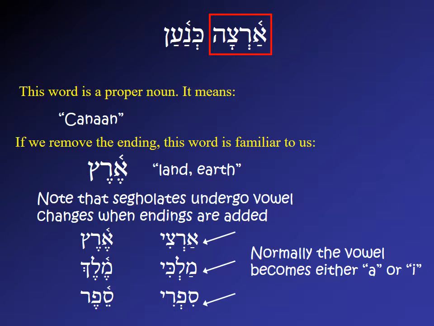So melech, king, my king, malki, eretz, land, my land, artzi, and so on. Now, if you're not interested in the history of the language, you can just let that wash over you. But if you are interested in knowing why, that is the reason.